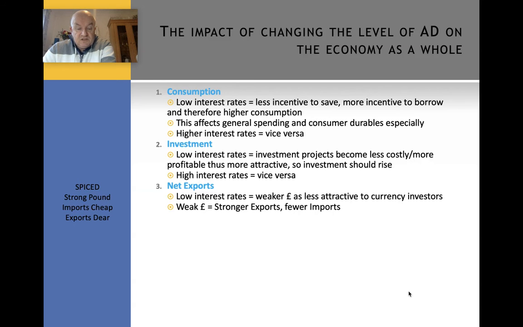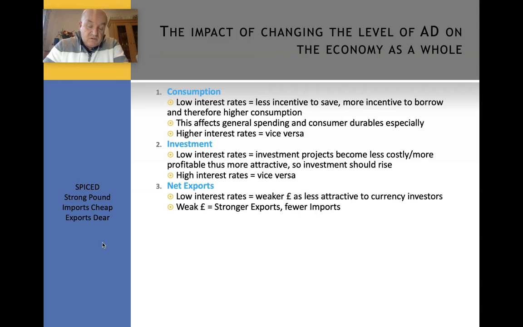But that essentially would mean that a weaker pound would mean that we'd have stronger exports. Now, we've talked about SPICed and WIPIDEC. SPICed is the acronym that hopefully should allow you to remember that a strong pound means imports are cheaper, exports are dearer. And WIPIDEC is where you've got a weak pound, imports are more expensive, and exports are cheaper.